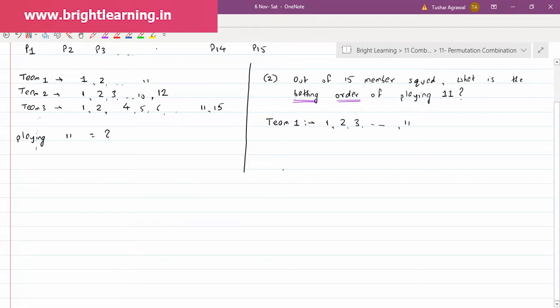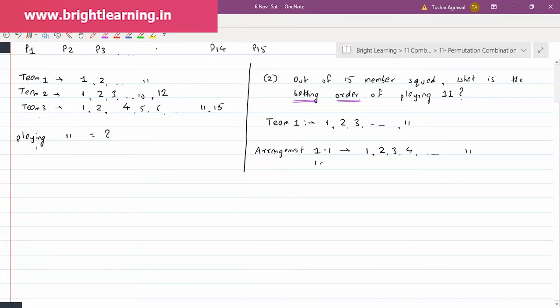Now the different batting arrangements, the different batting orders possible for team one: let me call this arrangement 1.1. Why am I calling it 1.1? 1.1 means team one, first arrangement.